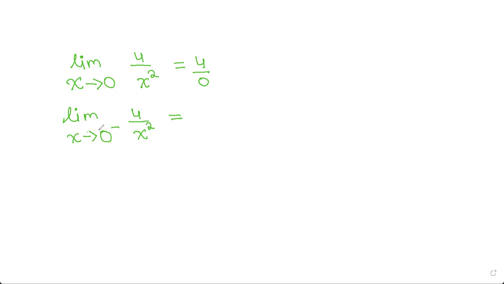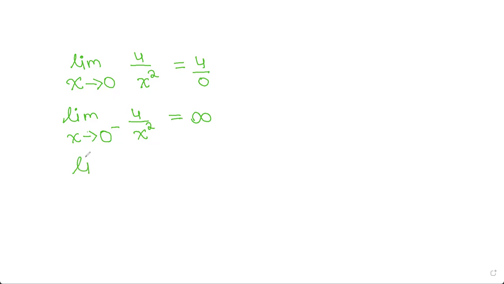What will happen if you take a number just slightly less than 0? It will be a negative number. But what happens when you square a negative number? It becomes positive, right? So that's why it's positive infinity, because it's still very small even if you're squaring. So this is positive infinity.